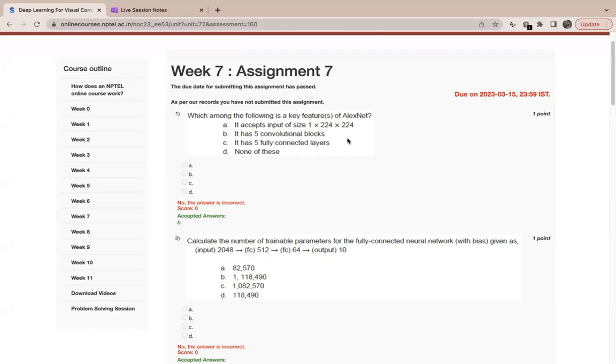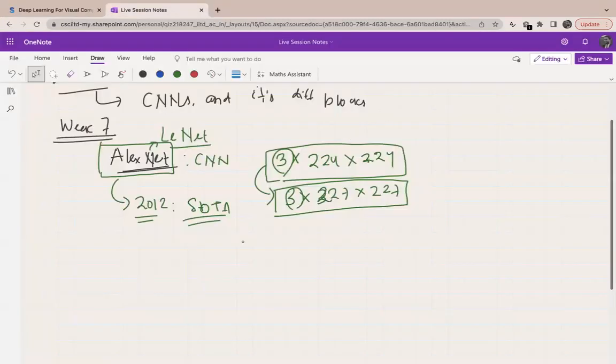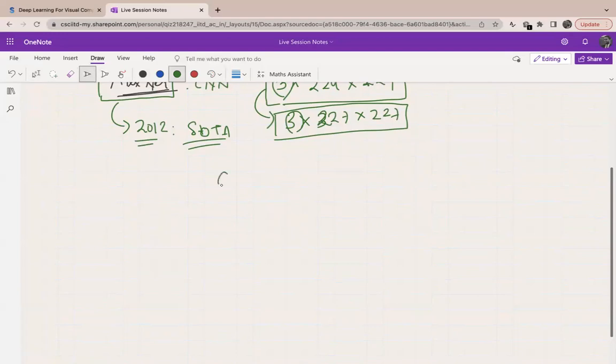And option C is it has 5 fully connected layers. A fully connected layer is like this. It is the initial input layer, and this is the hidden layer, and every node from the first layer is connected to every node of the second layer. That's why it is called fully connected. Everything is connected to everything.